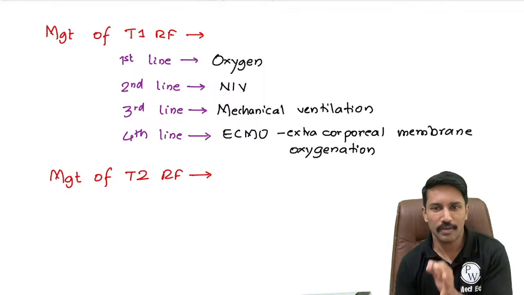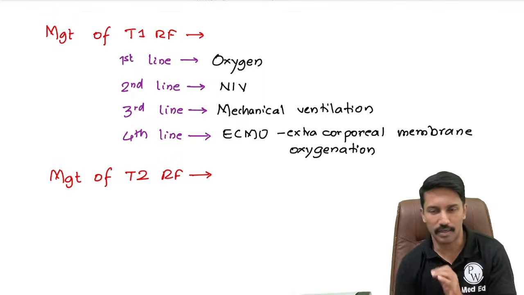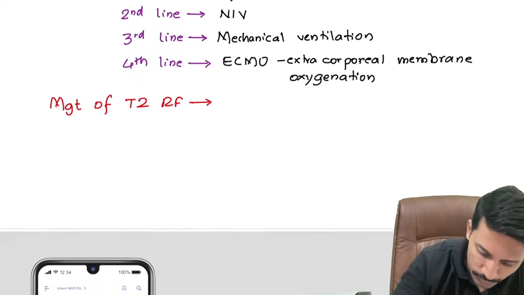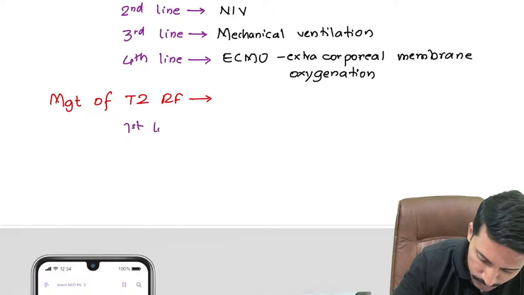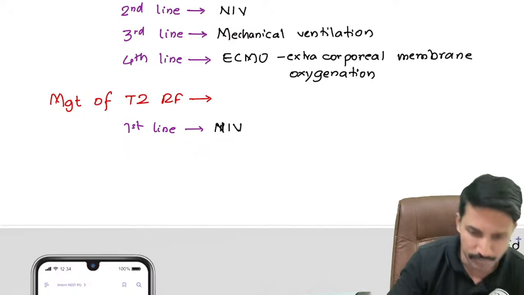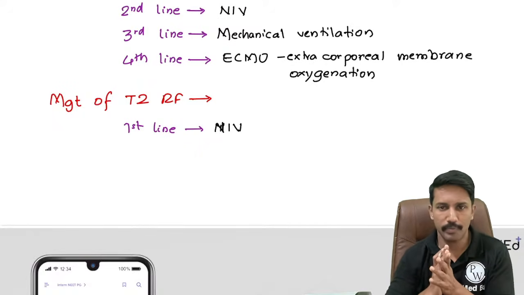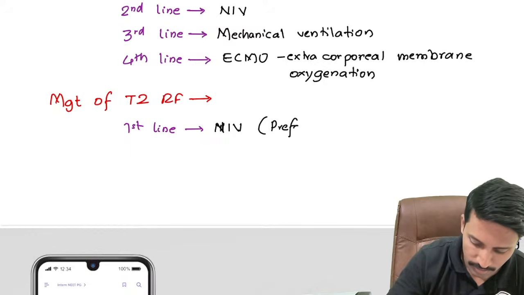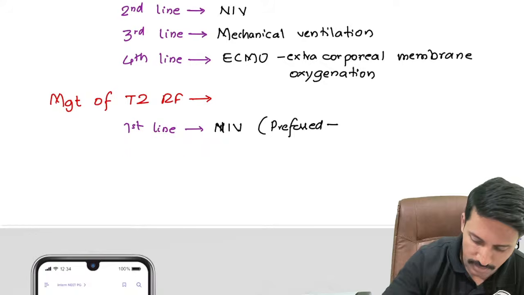By non-invasive ventilation or mechanical ventilator. There is no role of oxygen for the type 2 respiratory failure. So the first line management will be non-invasive ventilation. So there are two types of non-invasive ventilation, BiPAP and CPAP. PAP means, you can write it in the exam as preferred is BiPAP.